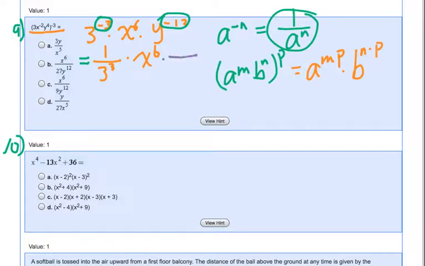For this one, I will write down 1 over y to the 12th power. Then I have the denominator: 3 to the 3rd power is 27, y to the 12th power. To the top, it will be x to the 6th power. Therefore, your answer will be B.